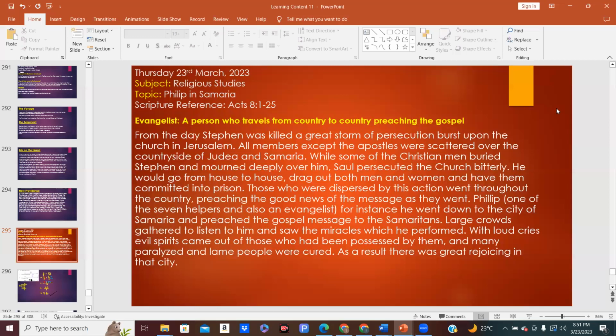Rashadane, what did Philip do in Samaria? He preached the gospel message. Very good. Serenity, while Philip was in Samaria, did he perform any miracles?